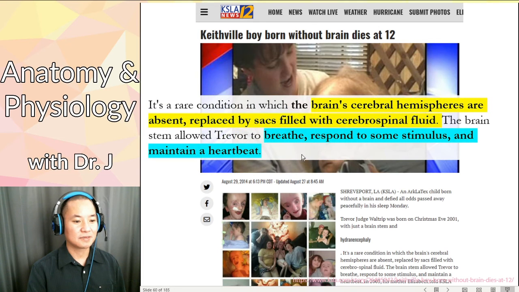His cerebral hemispheres were absent, and he just had CSF instead. The brainstem, remember, involves respiration and breathing. It controls the heart, so he still was able to get circulation, and some stimuli, so these are the reflexes we're talking about. Again, this is why the brainstem is very important.